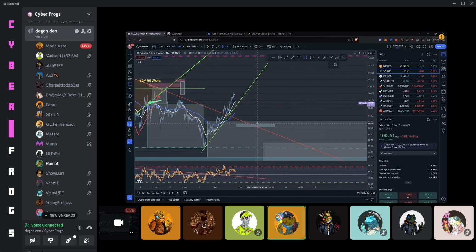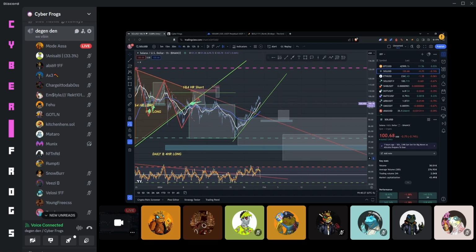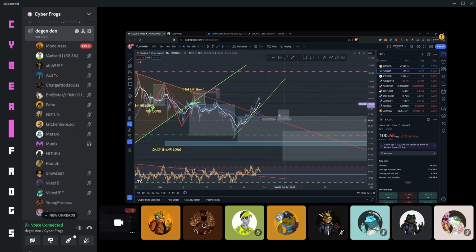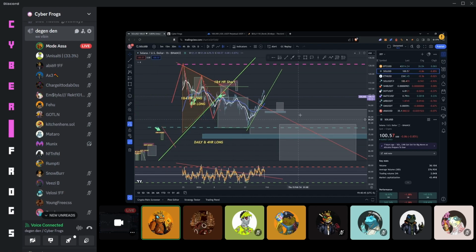Take profit 1 is 96.26, take profit 2 is 98.22, and then take profit 3 is 118 cents. That's the 1 hour right there. But you see how narrow the entry is and how small the profit is compared to how large the entry zone and the profit are on the 4 hour or the dailies.